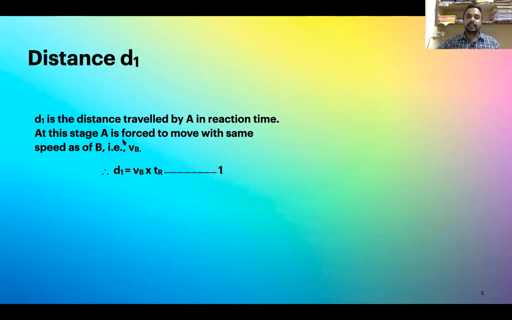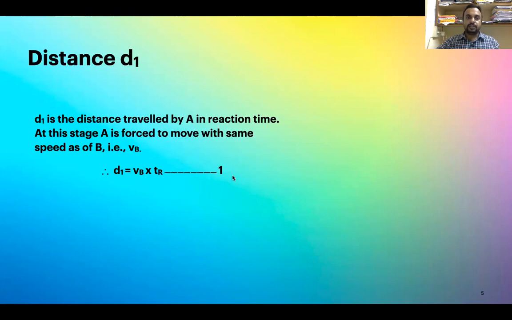At this stage, A is forced to move with the same speed as B. That is why the distance D1 is equal to VB multiplied by TR. What is TR? That is the reaction time of the driver. If you have forgotten what reaction time is, I suggest all of you view the lecture on stopping sight distance again. It will be clear what reaction time is. And this equation is equation number 1.